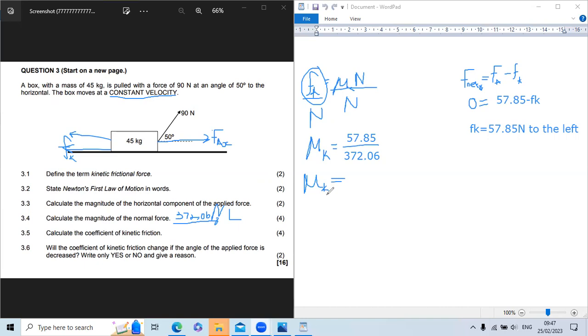When you were doing it by yourself, did you get the same answer or was it different? I just figured that the normal force has to be the opposite, because if you calculated the 50 degrees already, then we just need to calculate the 40, so I did 40 sine 40 degrees.